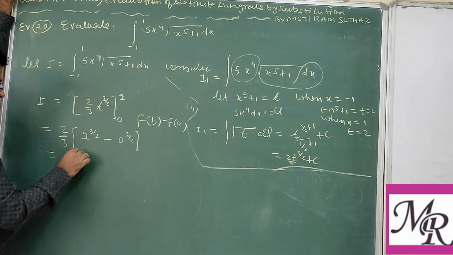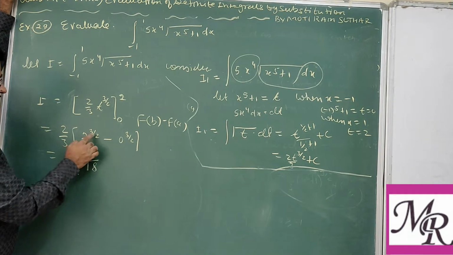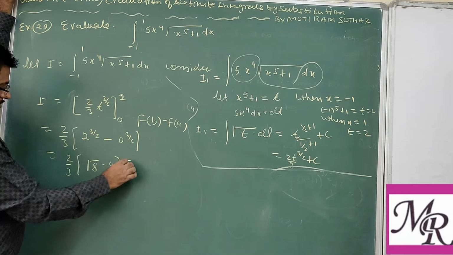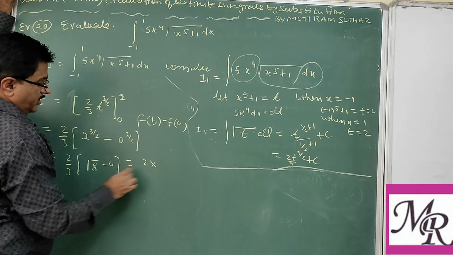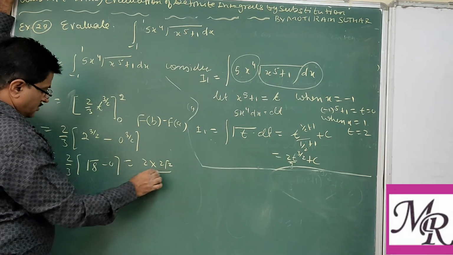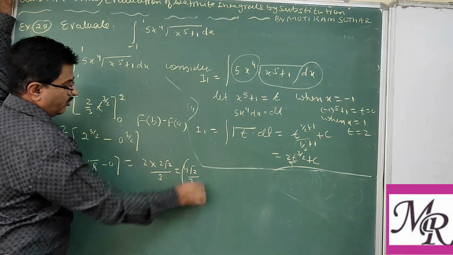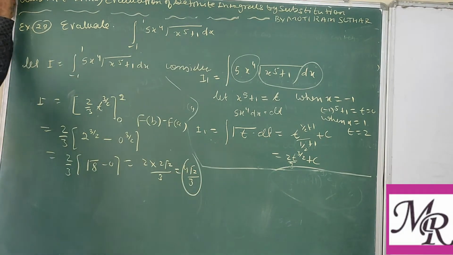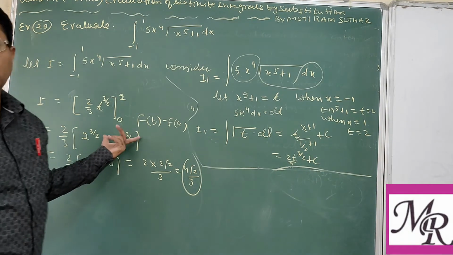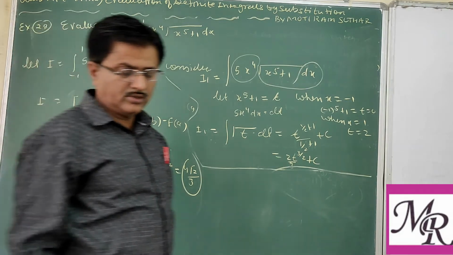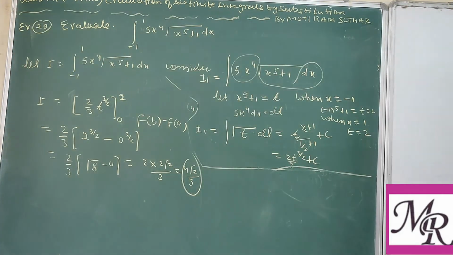So 2 by 3, this is root 8, already we solved, minus 0. So 2 into root 8 means 2 root 2. So again you get 4 root 2 by 3. So the answer is the same. You may use either the previous method or this method. Both will give you the same result.